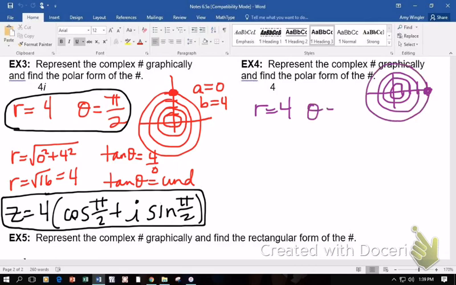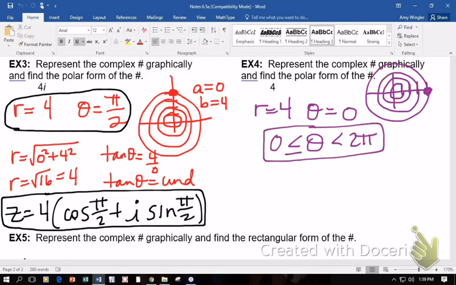And theta at that spot on the unit circle is 0. Remember, we are told in the first page that theta has to be greater than or equal to 0, but less than 2 pi. So you can't include 2 pi in your answer. That means the polar form of this complex number is z equals r, which is 4, times the cosine of 0 plus I times the sine of 0.